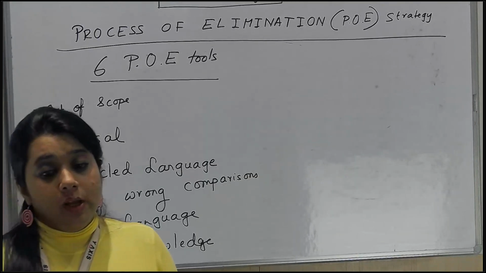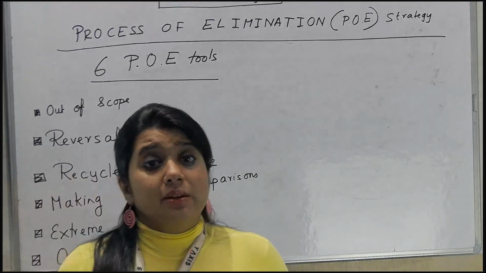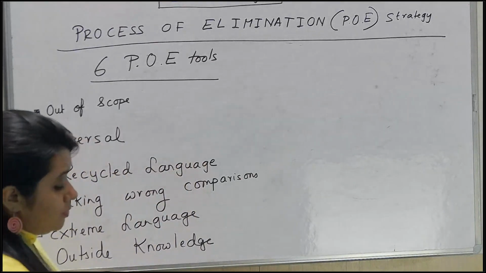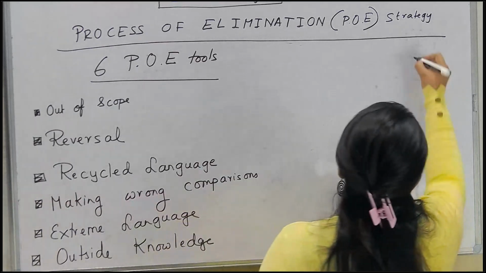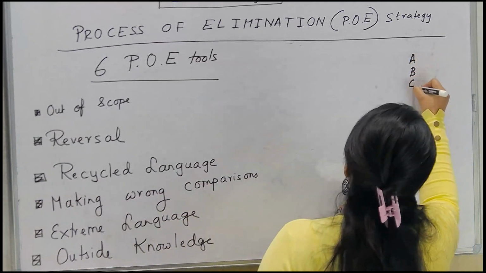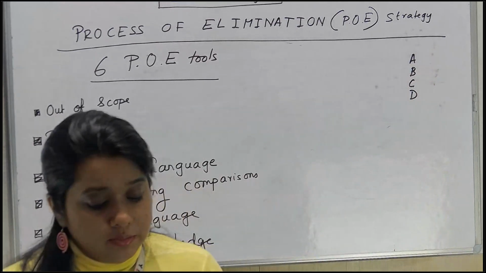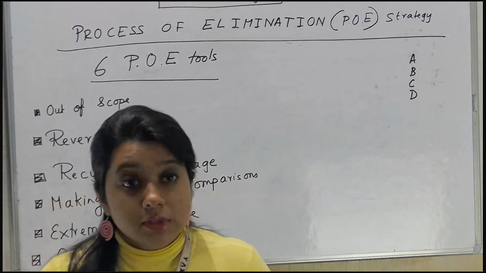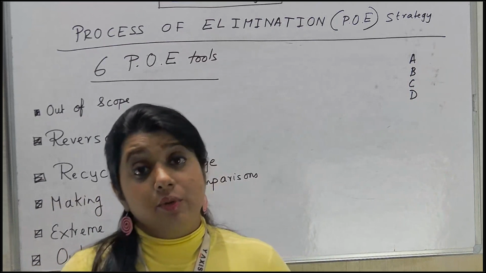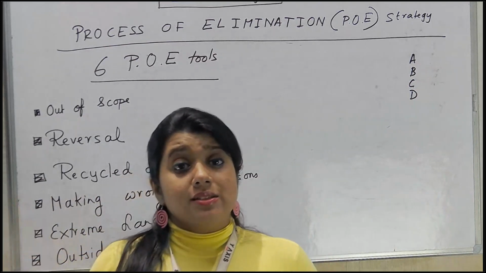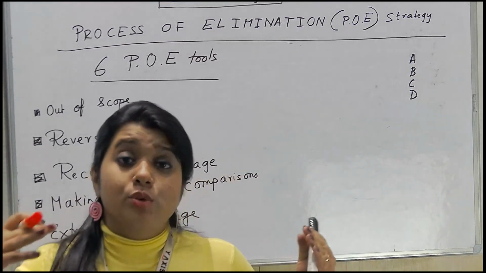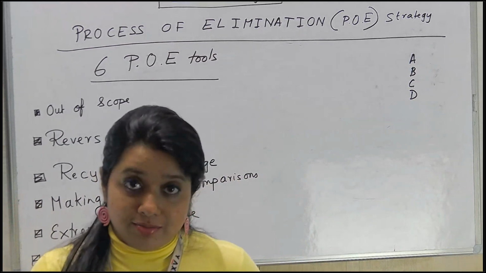Okay, now one by one. So what is meant by out of scope? Let us imagine you have 4 answer choices, A, B, C, D. You are reading answer choice A, and after reading it, you realize that whatever answer choice A states goes beyond the scope of the passage. What will you do?